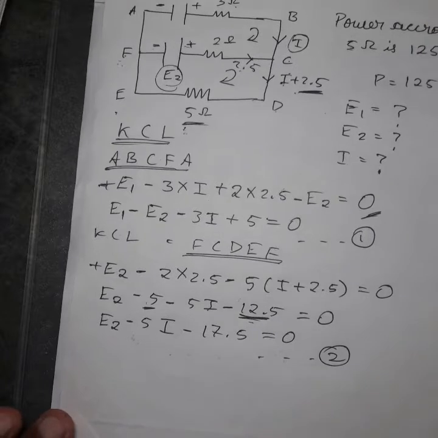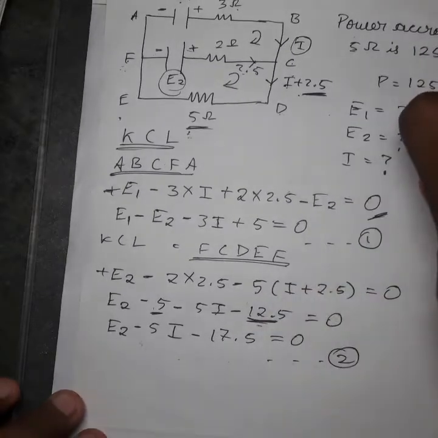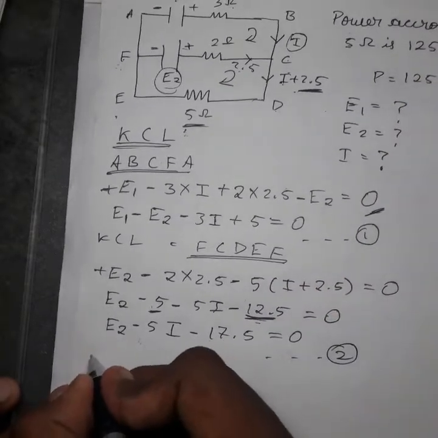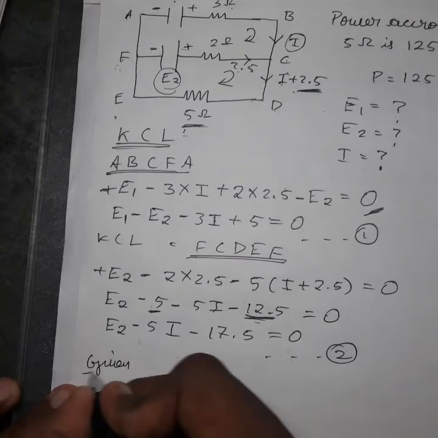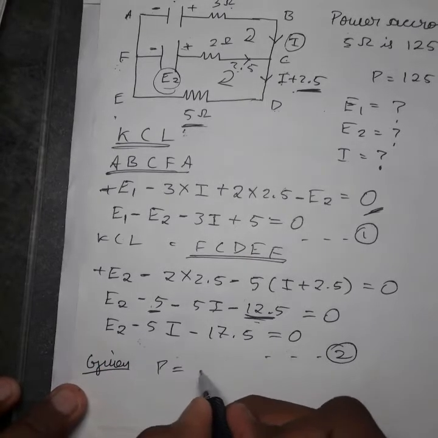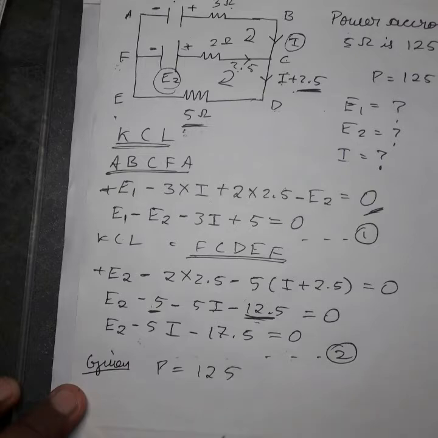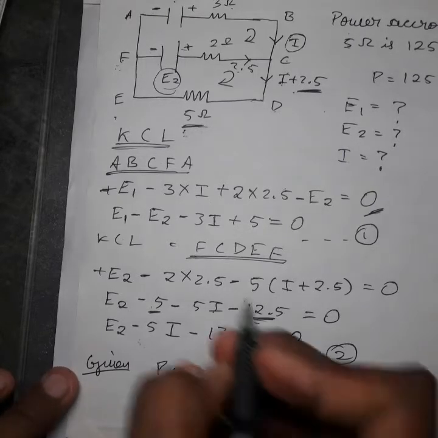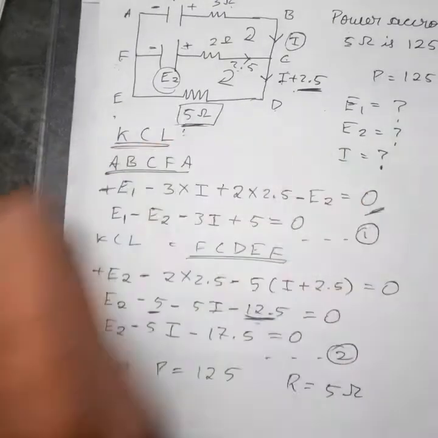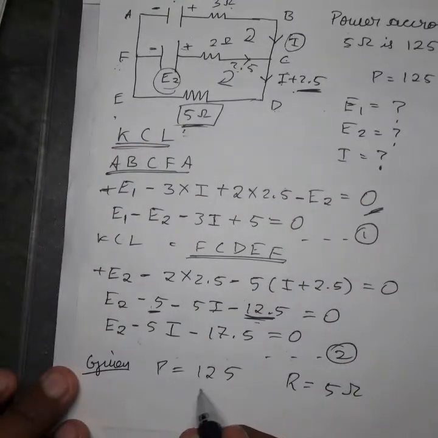And one more parameter I have is P, that is power, given that power equals 125 across a resistance of 5 ohms, that is the 5 ohms coil. The power dissipated is 125 watts.